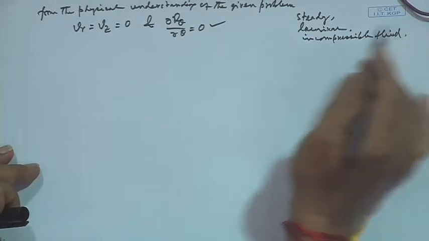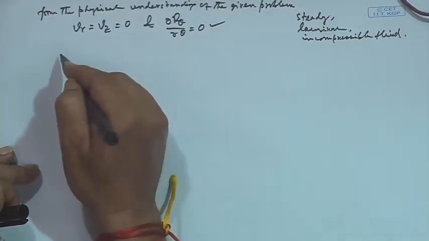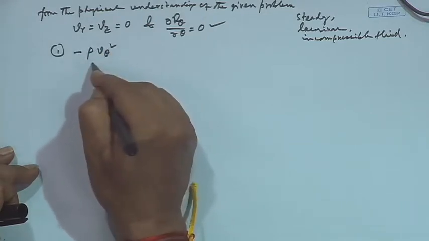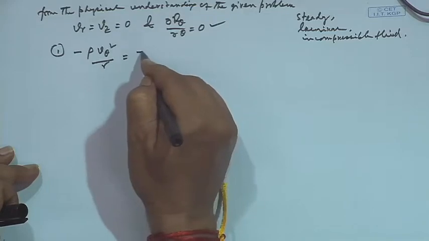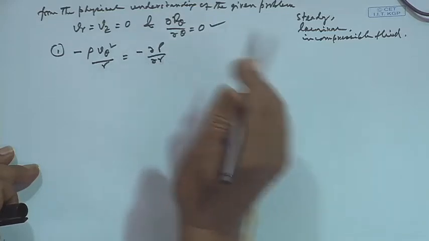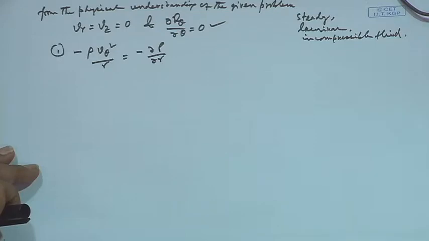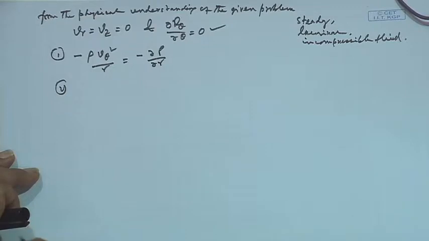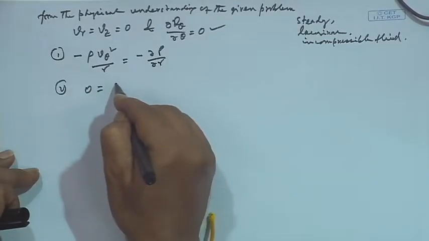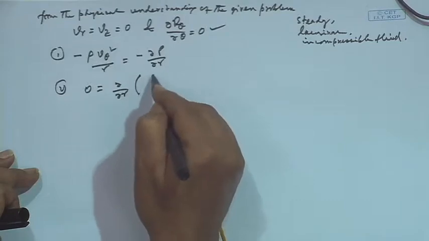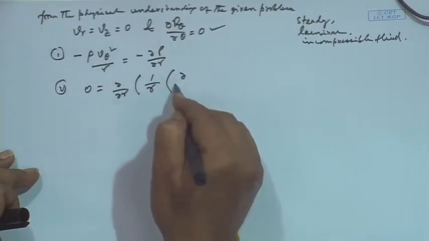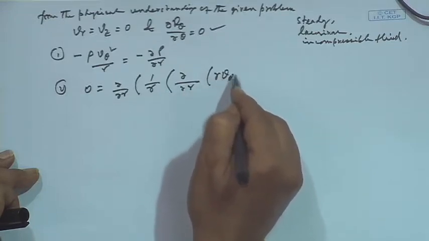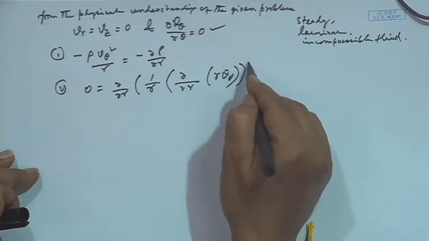So, then from the Navier-Stokes equations we can write, number 1 equation: minus rho V theta square by r is equal to minus of del P del r, right. Then we can write the second equation: 0 is equal to del del r of 1 by r of del del r of r V theta, right, 2, 3.